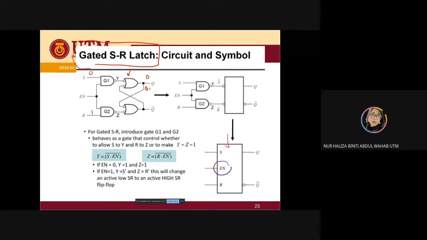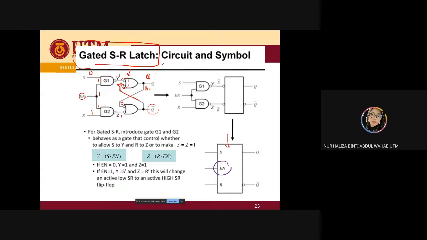And supposedly EN must be 1. If EN is 0, nothing happens. So here is 1, here is 1. What will you get for Y and Z? And at this part, what will happen if Q is, let's say, 0? So you will feed 0 here, 1 and 0. What is the answer for Q bar? You feed in the values and you get that.